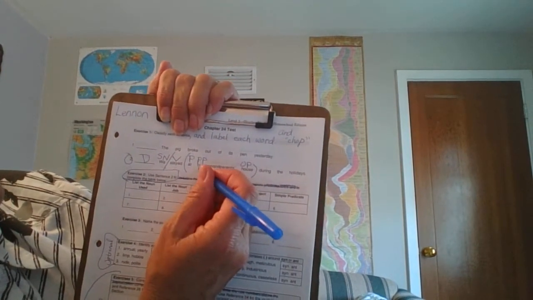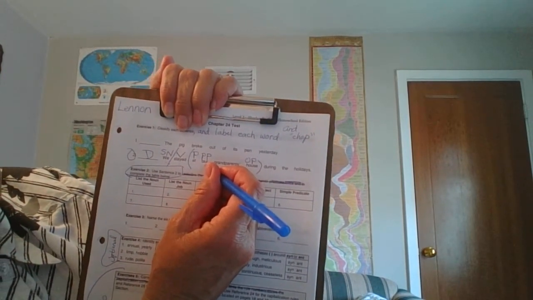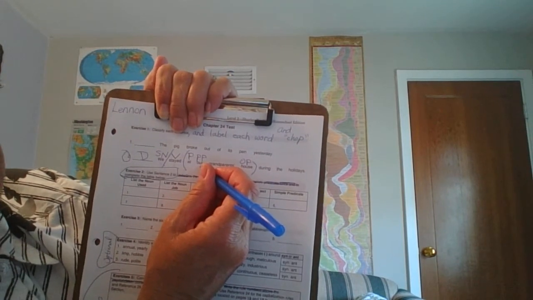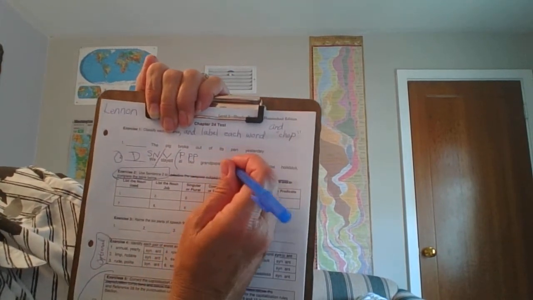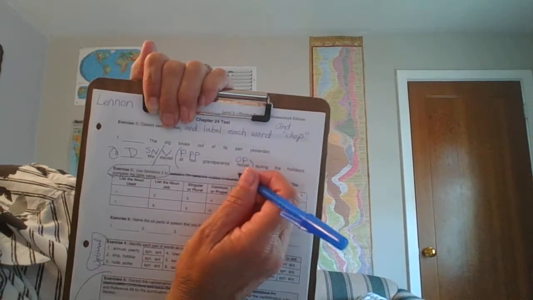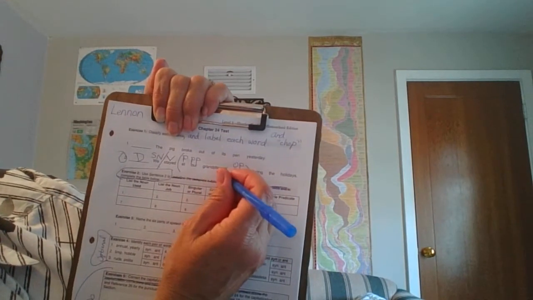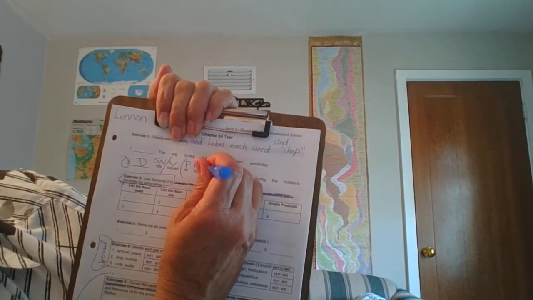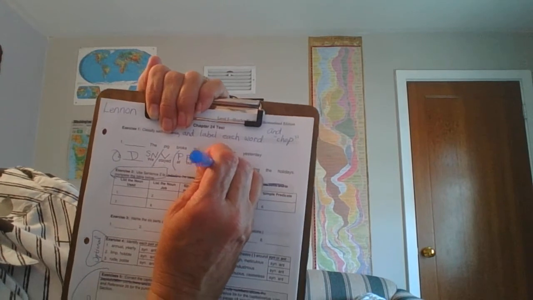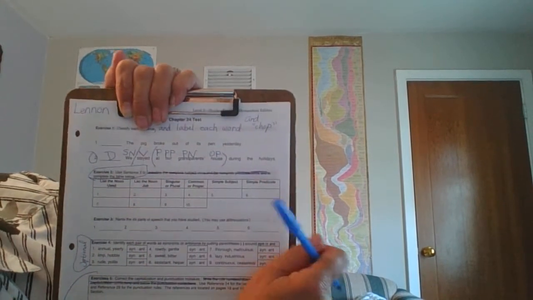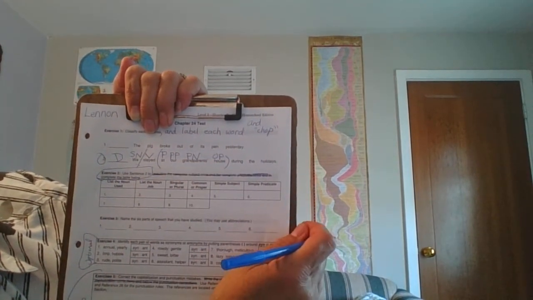Pronouns, remember, take the place of other nouns. And grandparents, now, when you see an apostrophe, sometimes it's a contraction, but a lot of times it's also a possessive noun, and that's what it is in this case. Please put PN above the word grandparents.